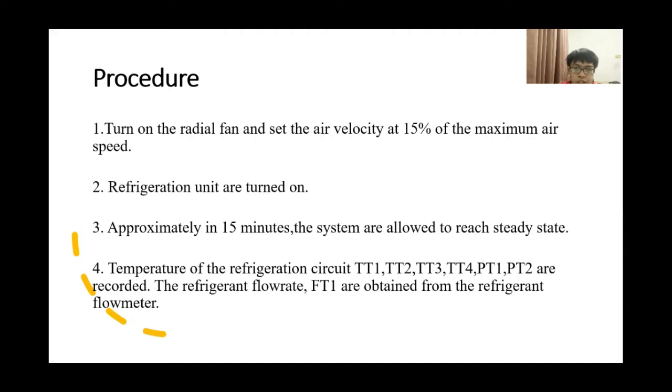And then turn on the refrigeration unit and allow the system to reach steady state in approximately 15 minutes. After that, we record the temperature of the refrigeration circuit. And for the refrigerant flow rate, we need to obtain it from the refrigerant flow meter.